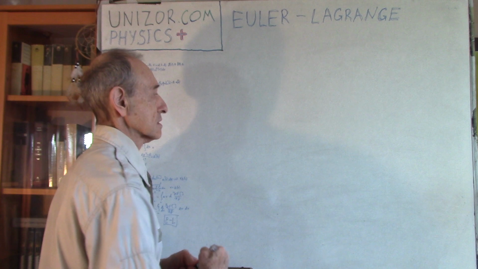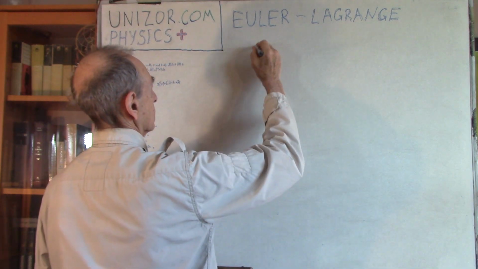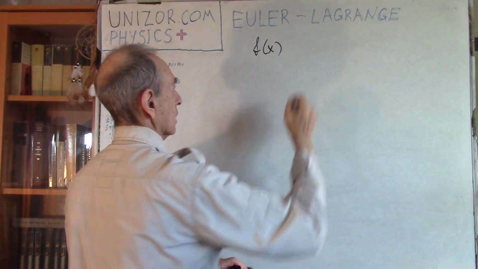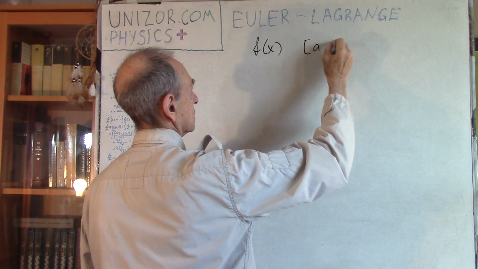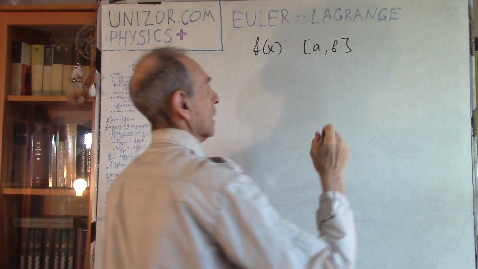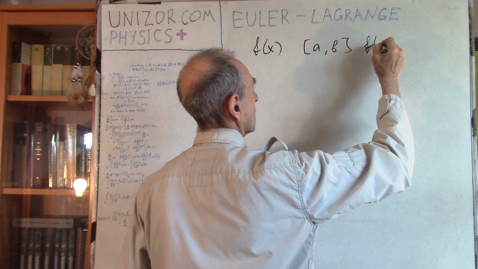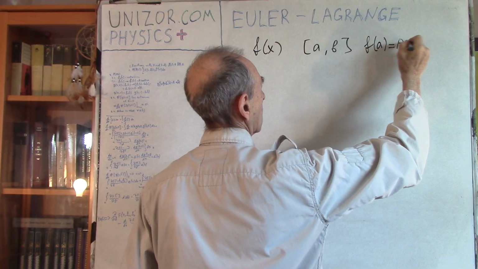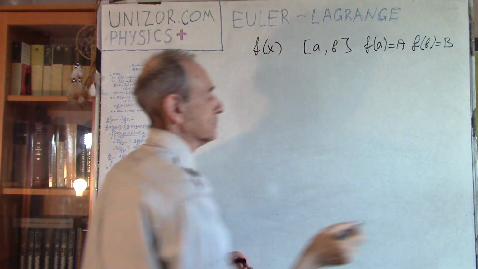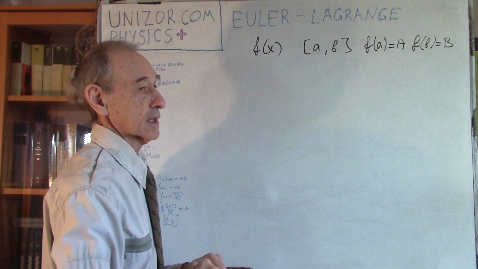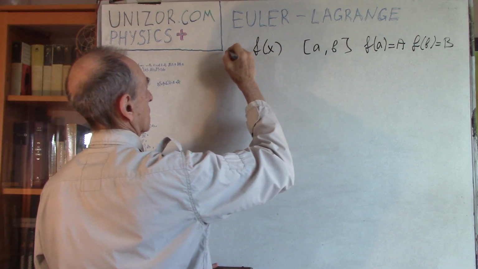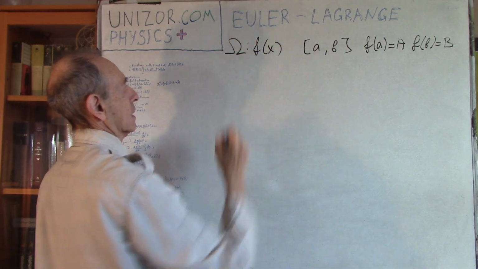Okay, so first let's talk about functions. The function f of x is presumed sufficiently differentiable, defined on segment AB, where a and b are two real numbers, any real numbers. And what's important is they are fixed at the end. So all the functions which I consider, let's say this is class omega.